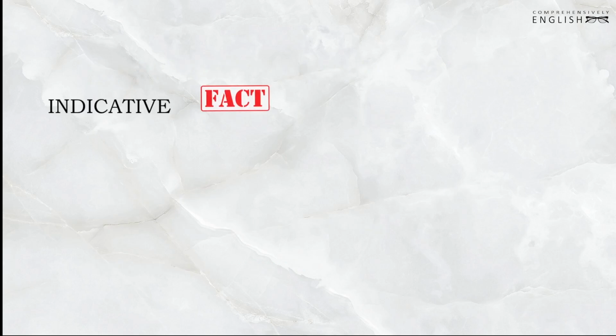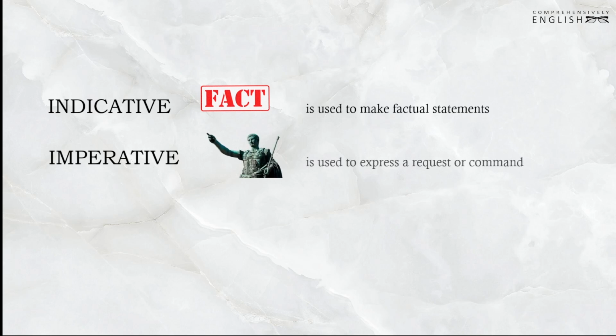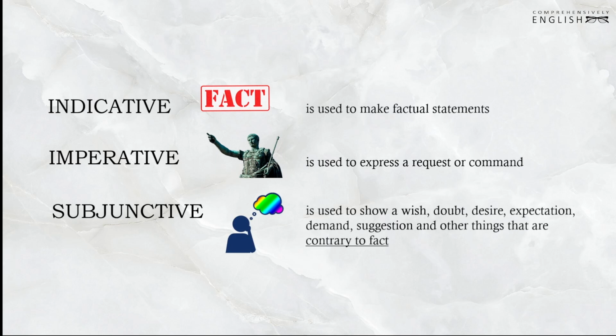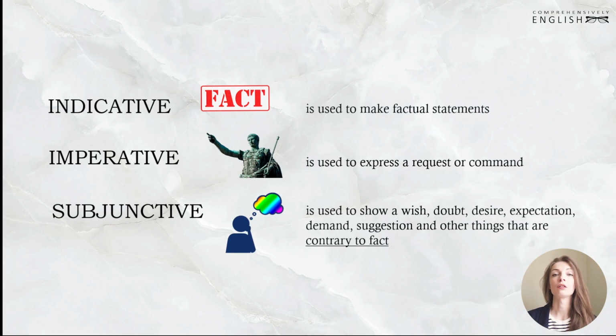They are the indicative mood, which is used to make factual statements, the imperative mood, which is used to express a request or command, and the subjunctive mood, which is used to show a wish, doubt, desire, expectation, demand, suggestion, and other things that are contrary to fact. Some grammarians believe there are only three moods in English, and there are others who will say there are five.